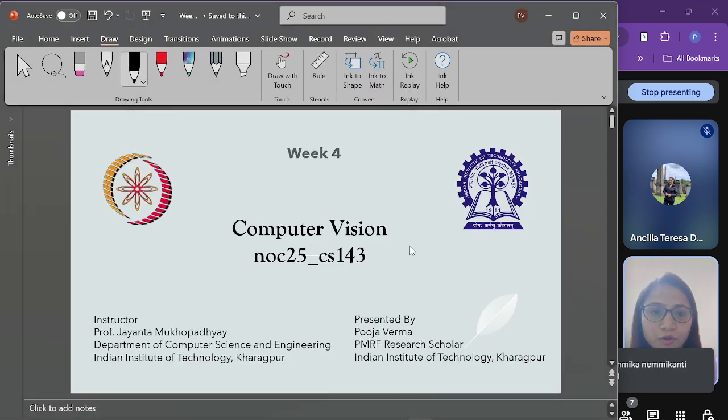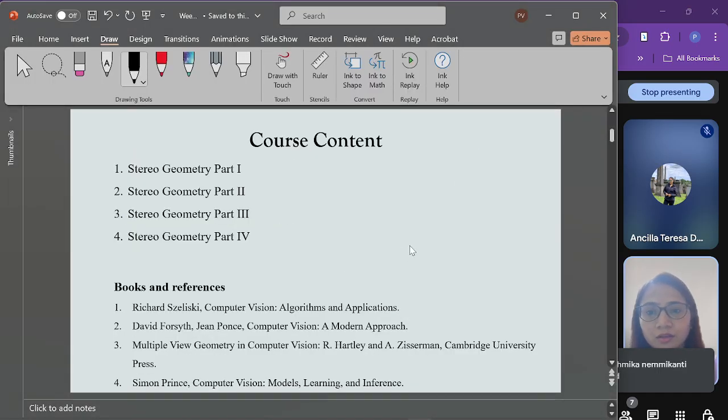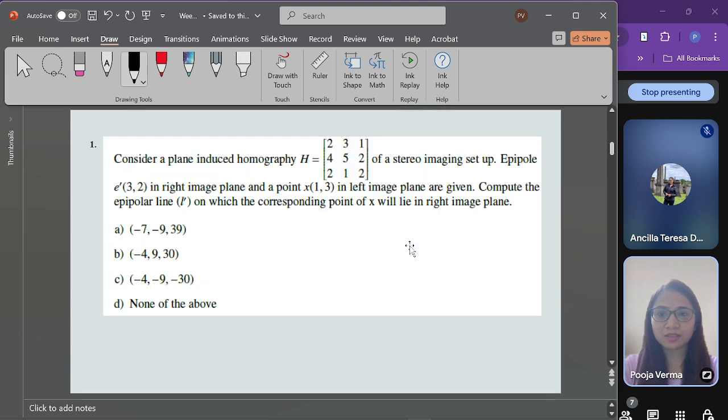For this week, the course content that you must have studied is stereo geometry. So, without wasting any time, let's solve some problems which will be very similar to your assignment questions.